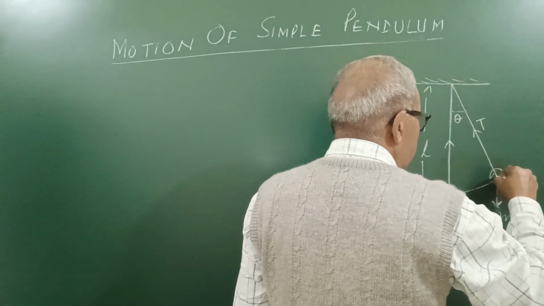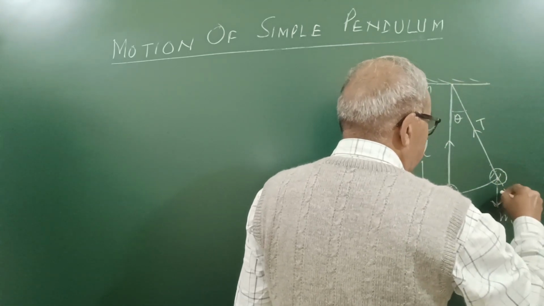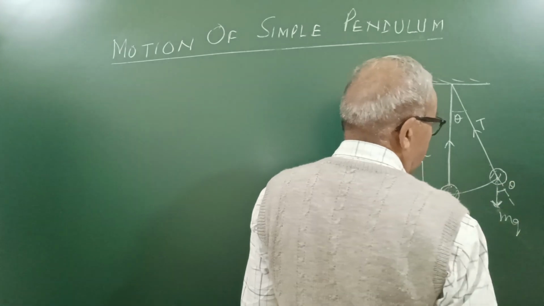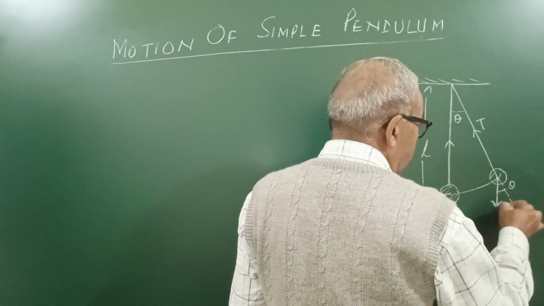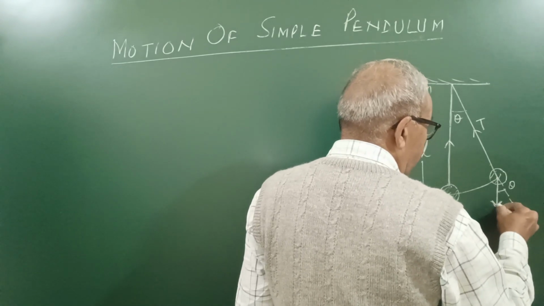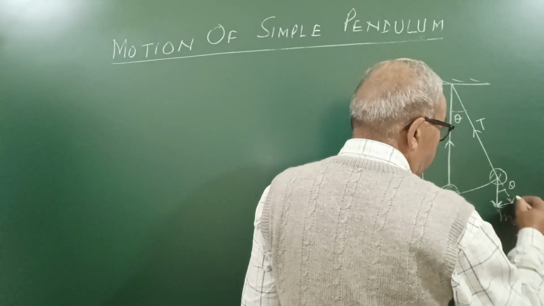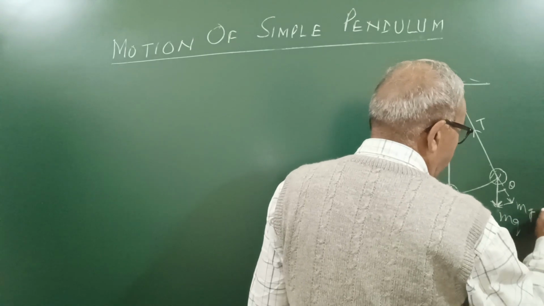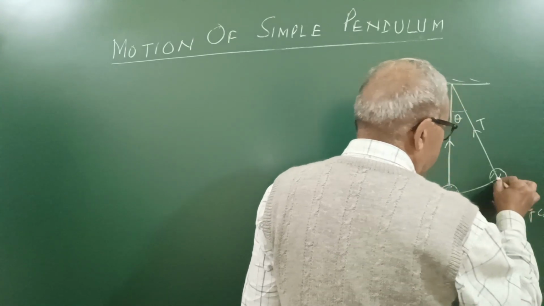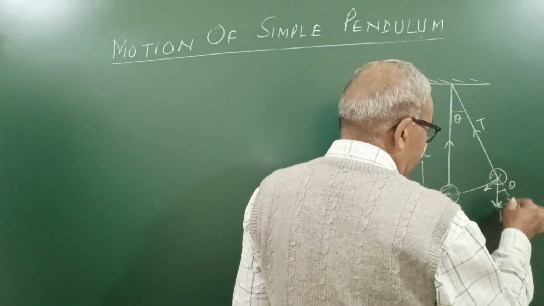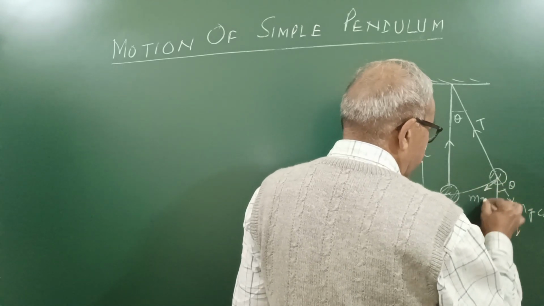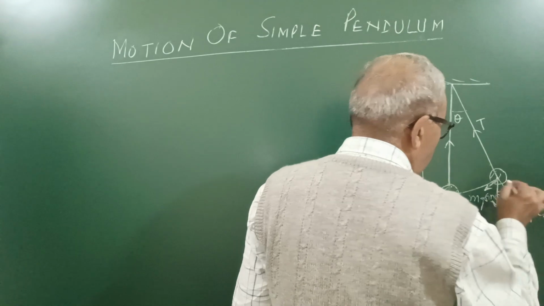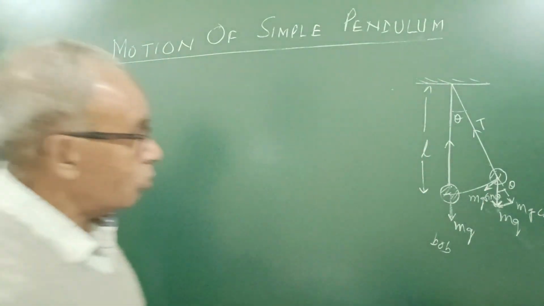If we produce this angle theta, we can resolve mg into two components. Here this is perpendicular, so this one is mg cos theta, and the other one here is mg sin theta. I hope you know how to resolve a vector into components.